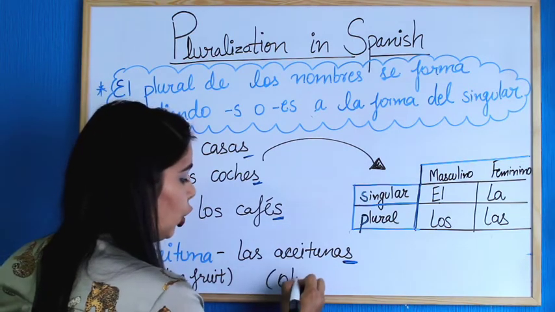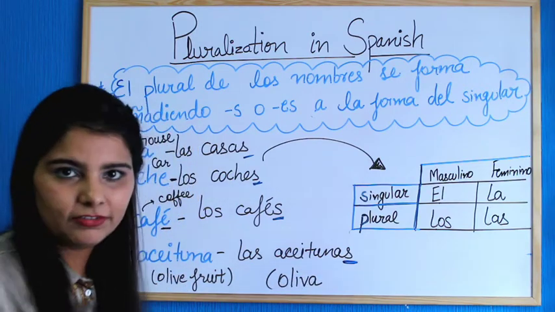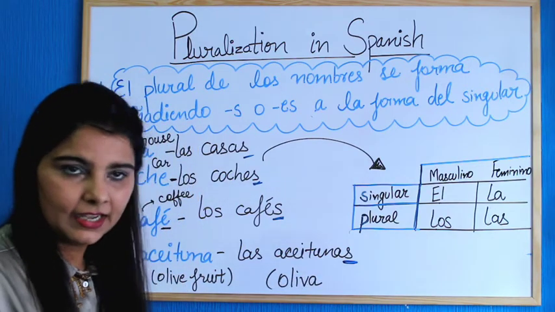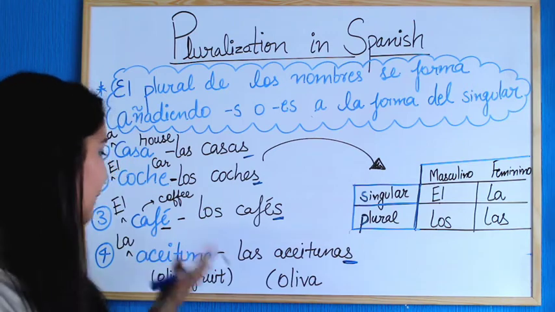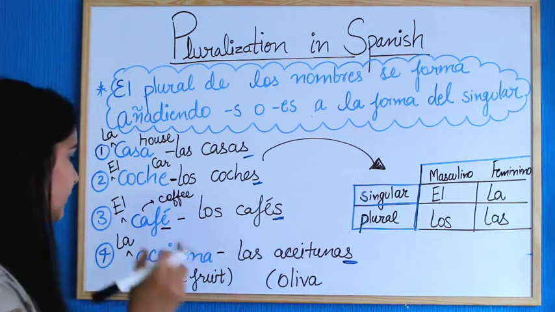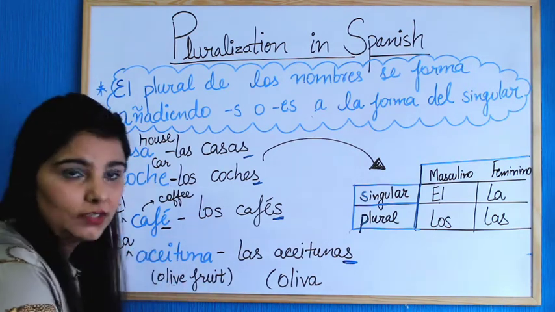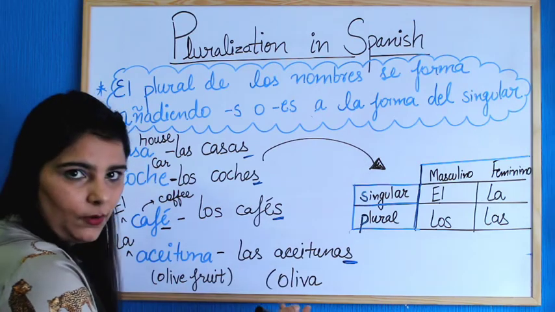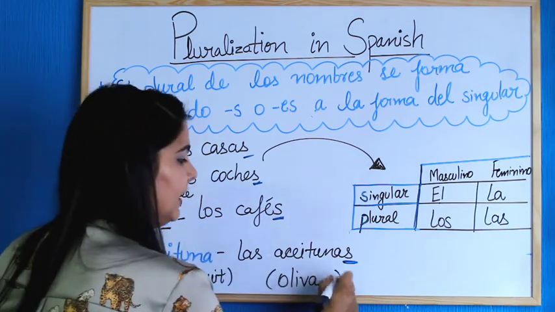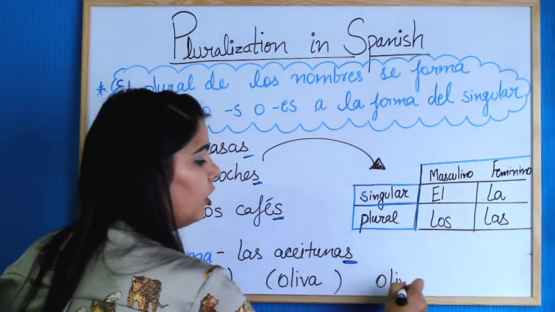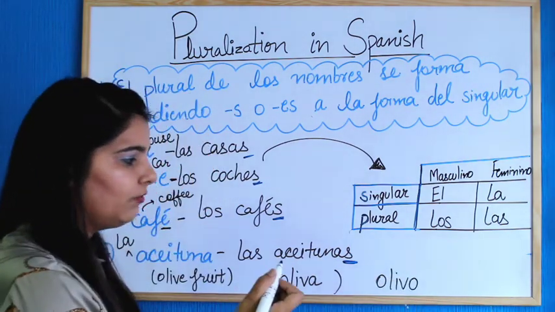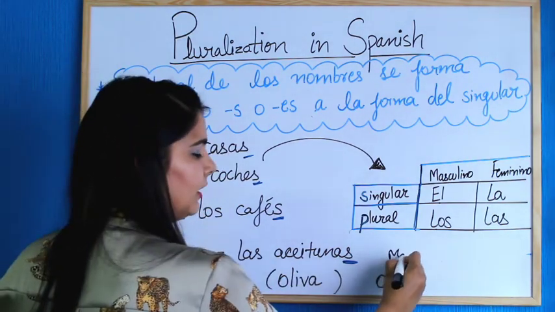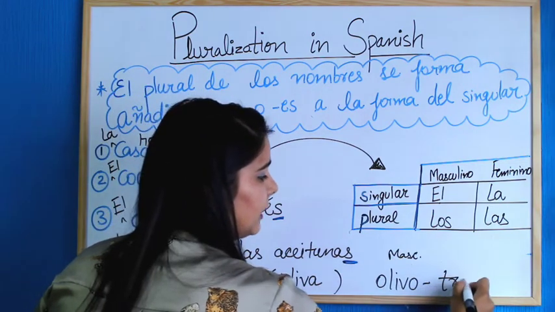Aceituna is used for olive fruit. I mean, we do use the word oliva for the olive fruit that we usually have as a snack, but I think for Spanish people it's more common to say aceituna rather than oliva. The other word is olivo, which is masculine, the tree.